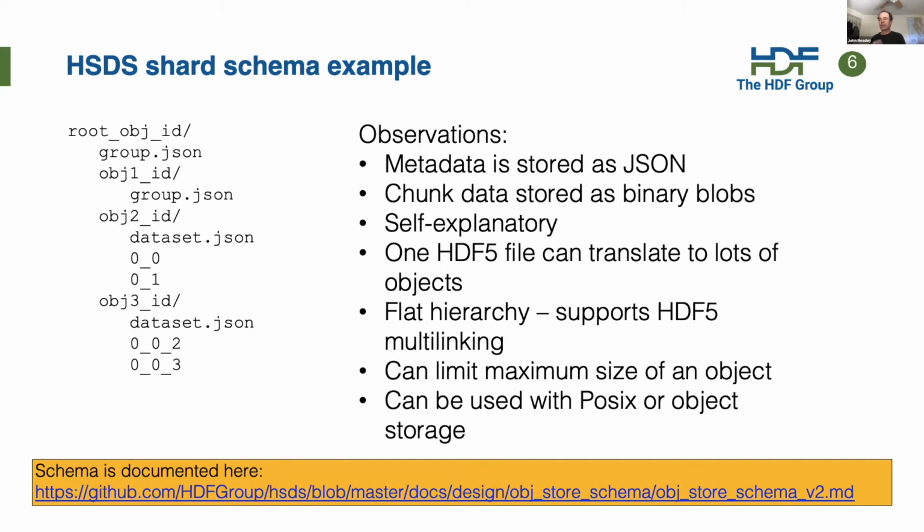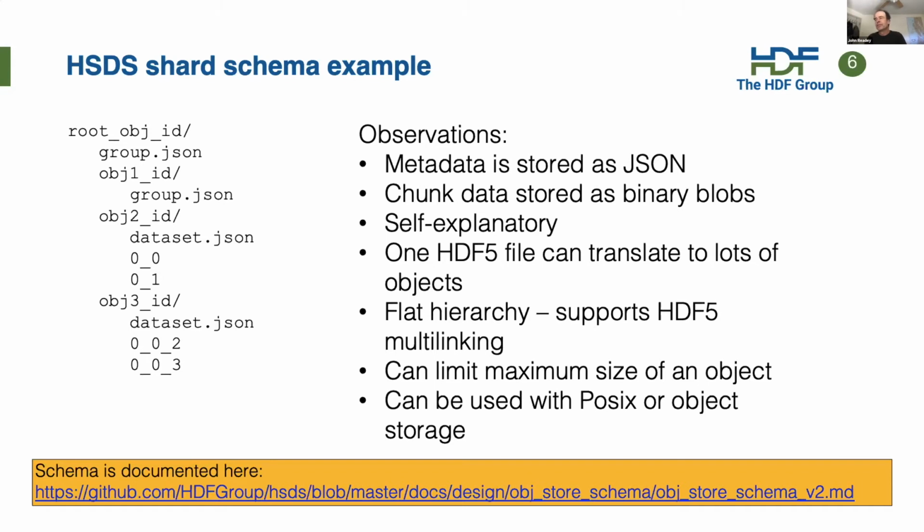And then the chunks are just stored at these keys, which is basically the chunk index within that dataset. Just like with the HDF5 library, if you create a large dataset, these chunk keys are written on demand. So you only start filling up this space of chunk keys as you're writing data to the dataset.